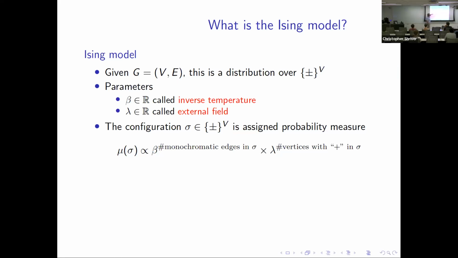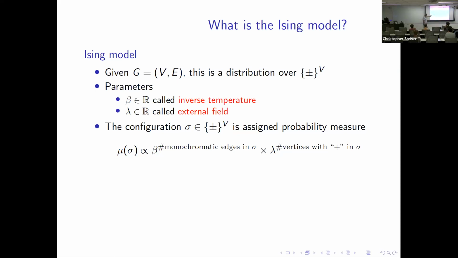The Ising model tells us that the configuration sigma, the assignment of plus or minus 1 to the vertices of the graph, is assigned probability measure mu of sigma, which is proportional to this weight here. What is this weight? It is beta, the inverse temperature, raised to the number of monochromatic edges in sigma. A monochromatic edge is an edge with plus-plus or minus-minus.